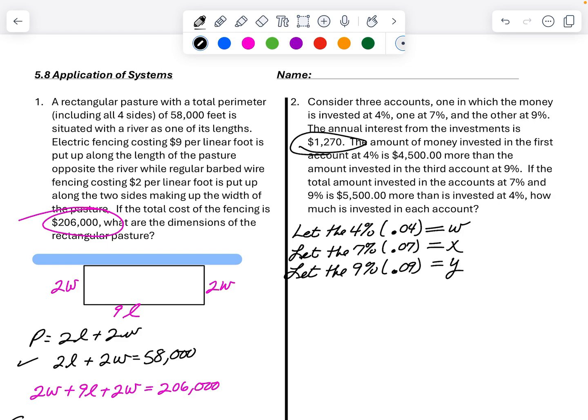So if we take 0.04W and add it to 0.07X and add that to 0.09Y, it's going to equal 1270.